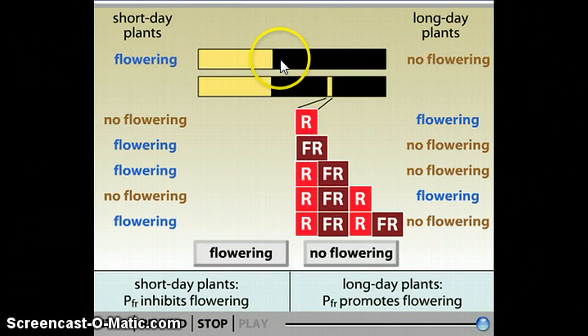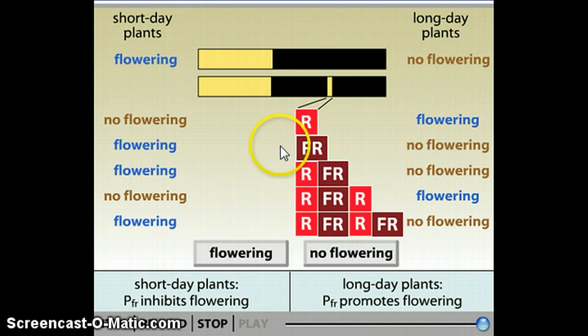But without that minimum critical period of darkness, there's no flowering occurring with the short day plant. And essentially what that comes down to is the red light and the red version of the phytochrome that we were talking about before.